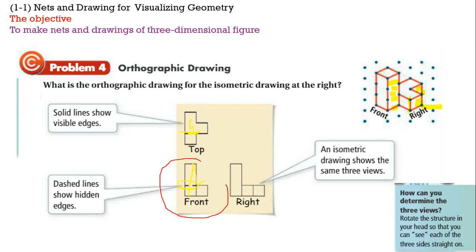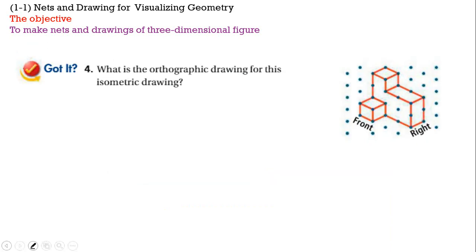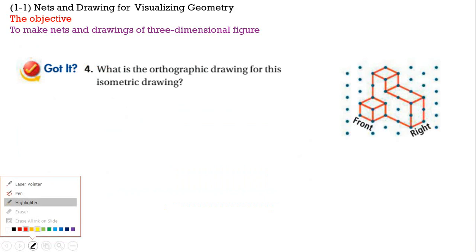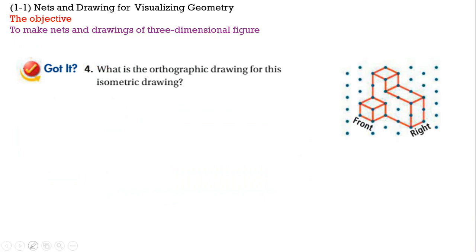Also this edge you can see it. That's why you will put them solid. Let's apply what we said. So the first one here, we will draw the first part, what we can see, the front. So let's graph the front.